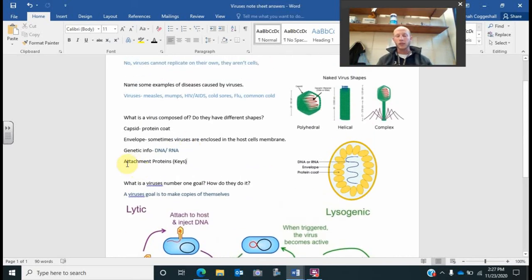And so that's what makes fighting viruses so tough. And then we have these attachment proteins, or the keys. And so these attachment proteins, if you guys want to go ahead and draw them, and you should be drawing this, your attachment proteins can be whatever shape, but they're specific to what cell they will attack, okay? So viruses are specific to organs. So like the common cold, the rhinovirus is specific to the upper respiratory tract.